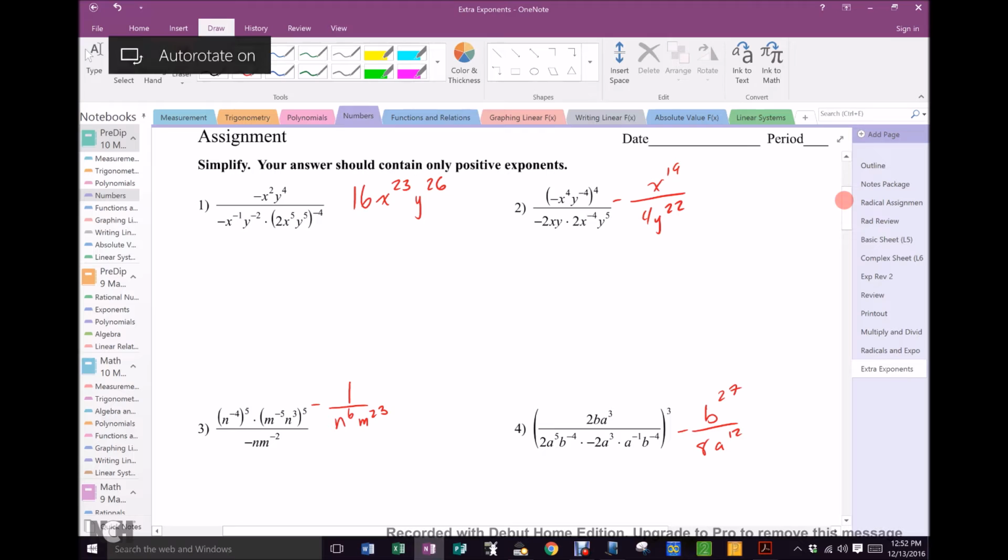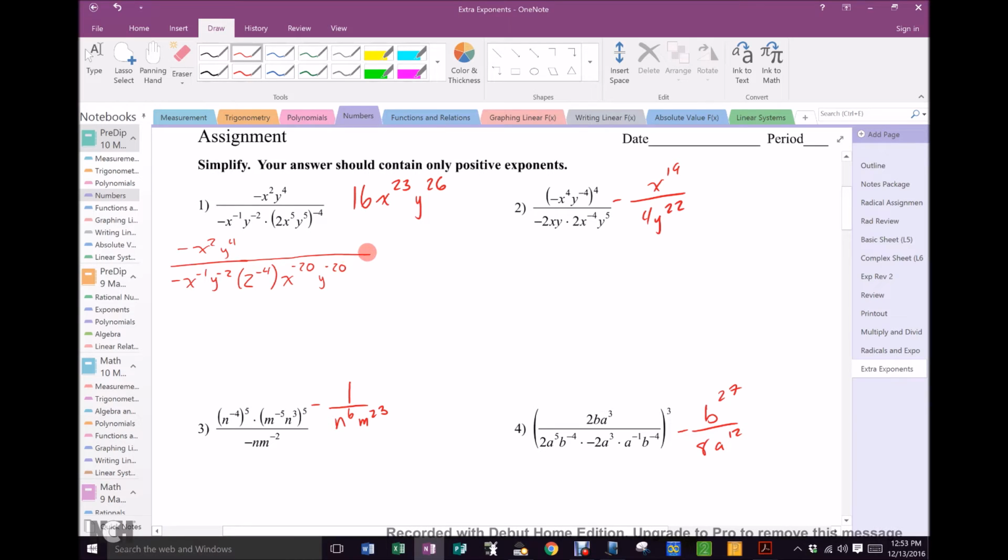All right. So, in number 1, you see nothing changes on the top. So, number 1 is negative x squared y to the 4th. On the bottom, nothing changes over here. Negative x to the negative 1, y to the negative 2. But this becomes 2 to the negative 4, x to the negative 20, and y to the negative 20.